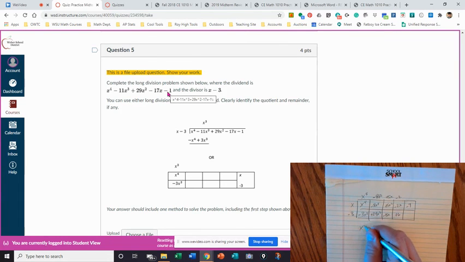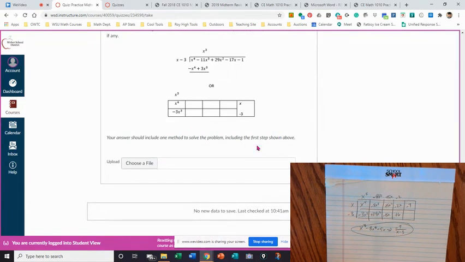So there's my remainder: x cubed minus 8x squared plus 5x minus 2, minus 7 all over x minus 3. That was the divisor. And there it is. Clearly identify the quotient and remainder, if any. So there's my quotient, there's the remainder. There it is. Okay, and that's it, guys.